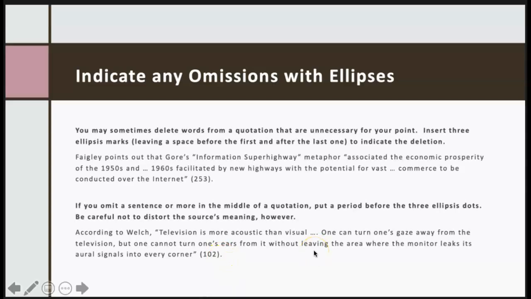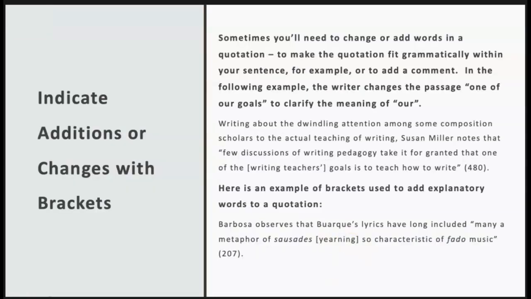So whenever you use ellipsis, it is to show that material has been deleted from the quoted material. Whether it is some words or phrases, but if it happens to be a sentence or more, you've got to use the ellipsis, a space, and a period so that it's known that it was multiple sentences.